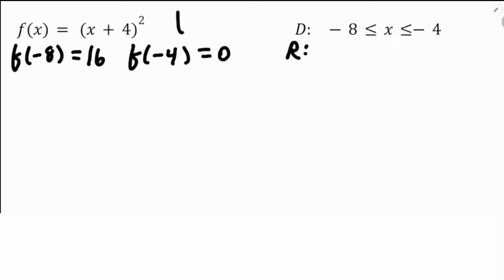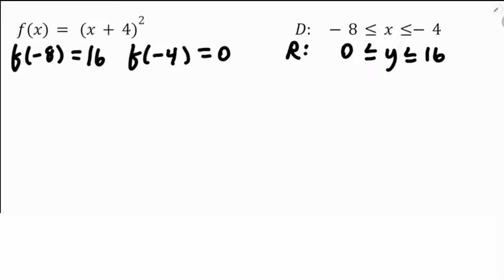Oh, yeah, that makes sense. We're looking at the graph of y equals (x plus 4) squared. It's shifted left 4 units, except we're only looking to the left of that vertex. Okay, so maybe if you see the pattern, you see what's going to happen here, but I'm going to say the range is going to be 0 less than or equal to y less than or equal to 16.